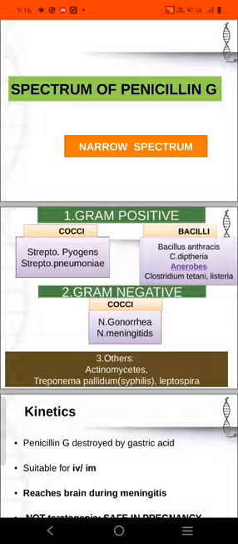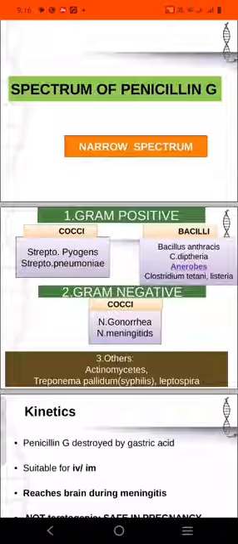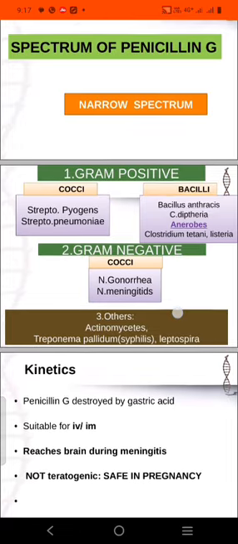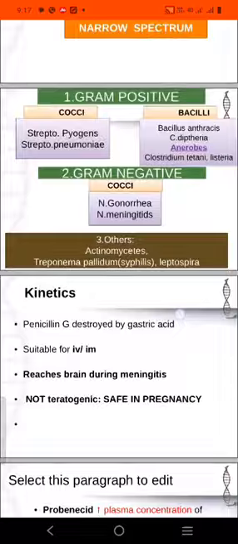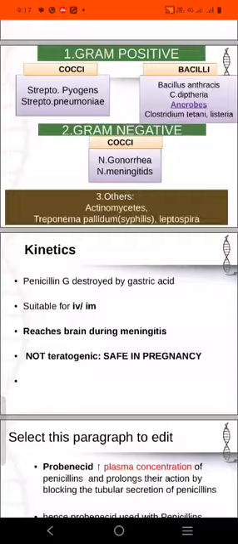So here this penicillin is effective for gram-positive organisms such as streptococci, Bacillus anthracis, Corynebacterium diphtheriae, anaerobes like Clostridium tetani, Listeria, then Treponema pallidum, pneumococcal pneumonia, meningococcal meningitis, and actinomyces, leptospirosis, all these will respond to penicillins.